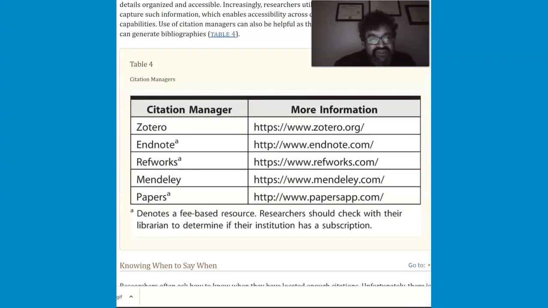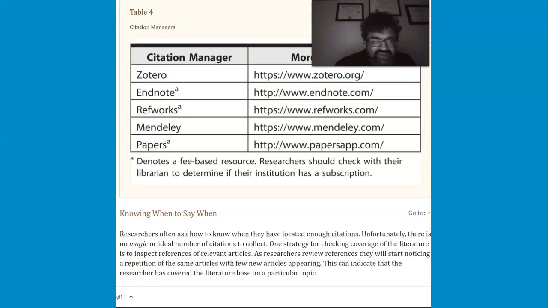And again, what I was telling you about, this is the complete list of citation managers. Zotero is the one I talked about, but then there's EndNote, RefWorks, Mendeley, and Papers.